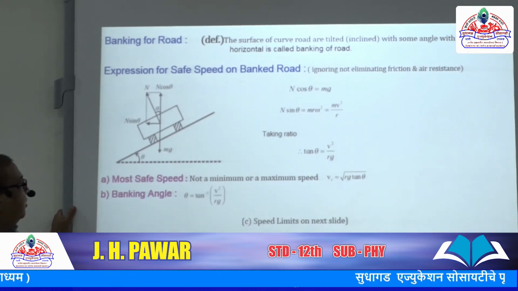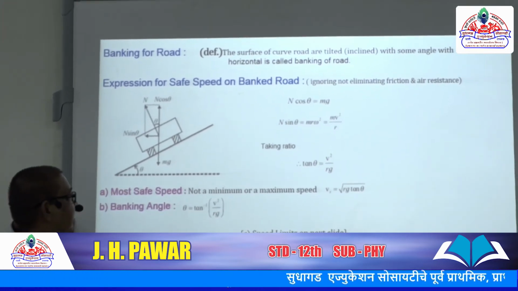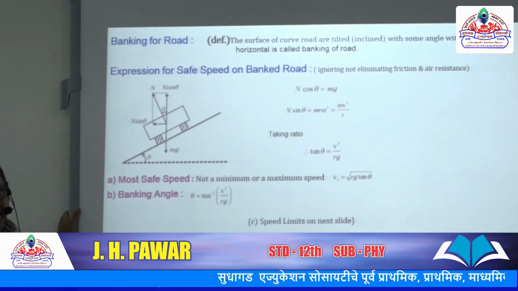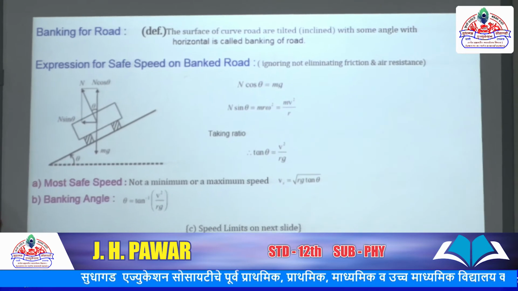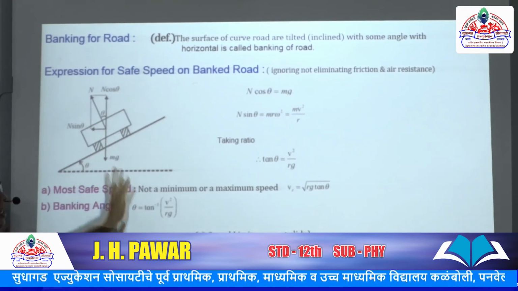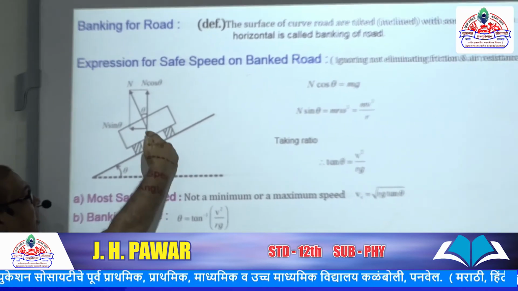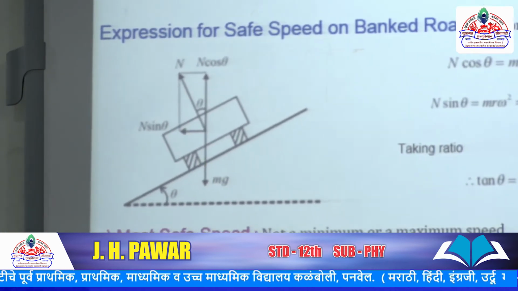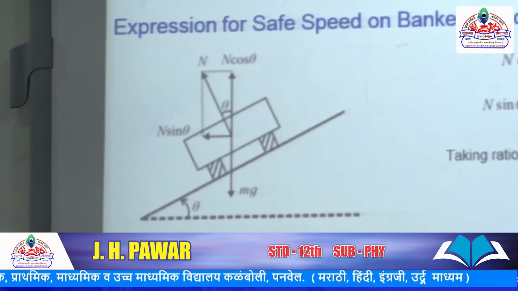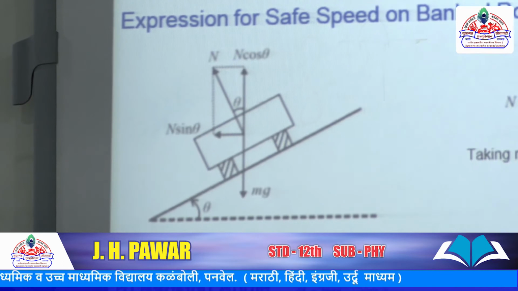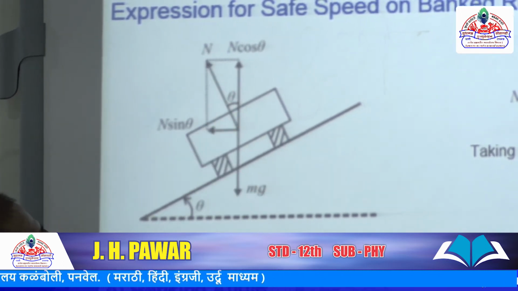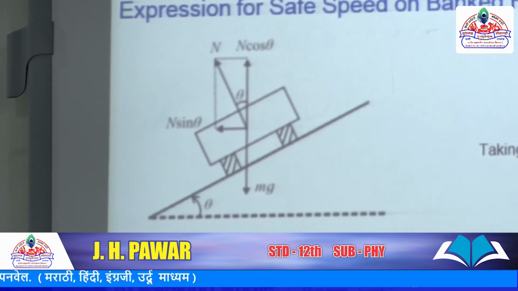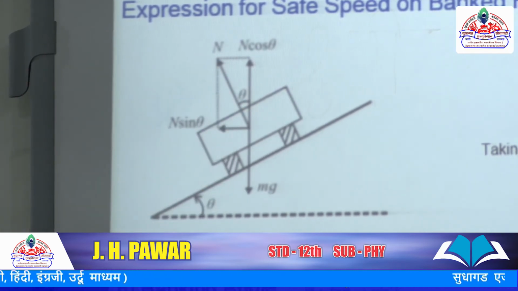Let theta be the angle of banking. Then the vehicle is moving. It is acted upon by two forces. Its weight is acting from the center of mass, vertically downwards. And another force is also there: the force of reaction, or you say a normal reaction, perpendicular to the road surface.